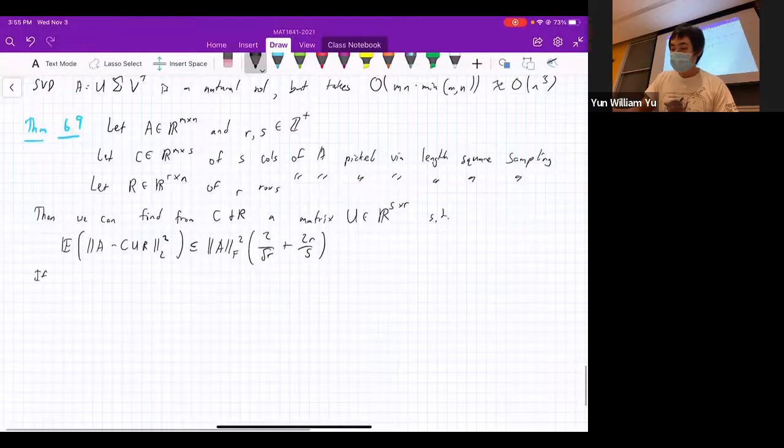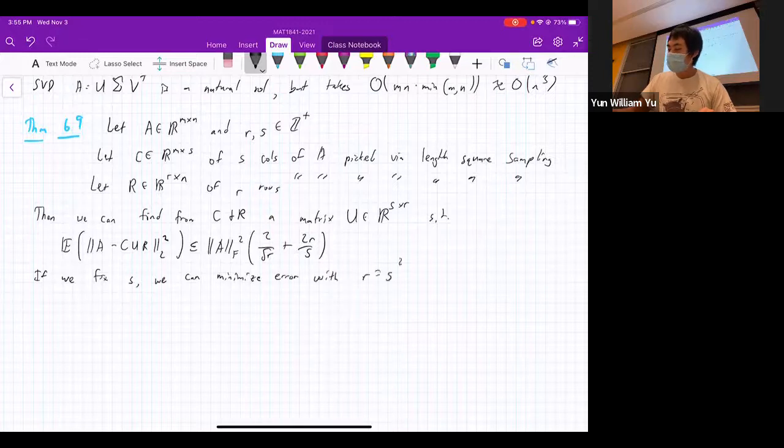So if we fix S, let's just go ahead and finish this theorem. Well, we can minimize the error with R equal to S to the 2/3. And we can choose S equal to 1 over epsilon cubed, and R equal to 1 over epsilon squared.